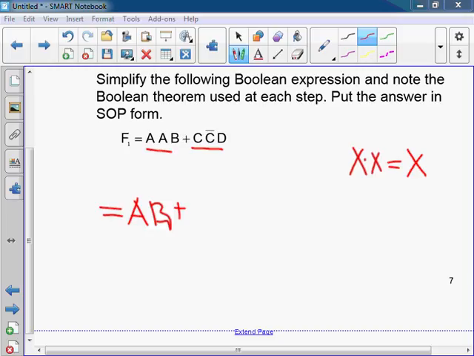Now let's look at this rule. I have a C and not C at the same time. That was rule number 4, and this is the statement that's always false, right? You pass my class and you don't pass my class at the same time. That doesn't happen. So that one always comes out to be 0.